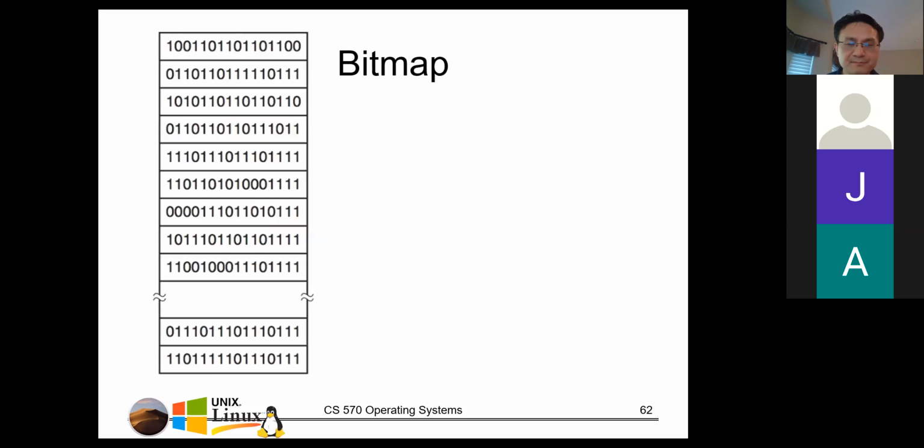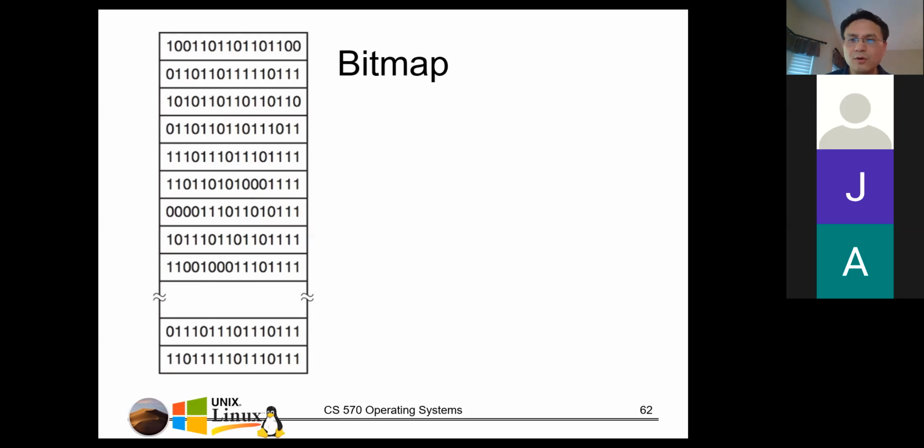All right. So we just talked about the linked list, and the next one would be a bitmap. A bitmap is used for tracking each individual block. It's not like a linked list, which tracks a sequence of free blocks altogether.